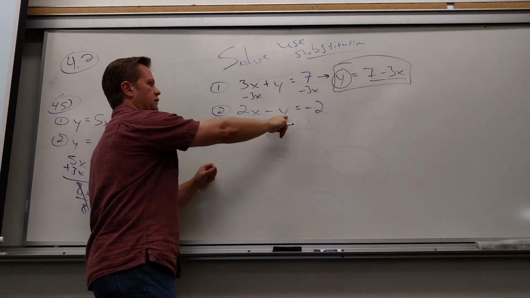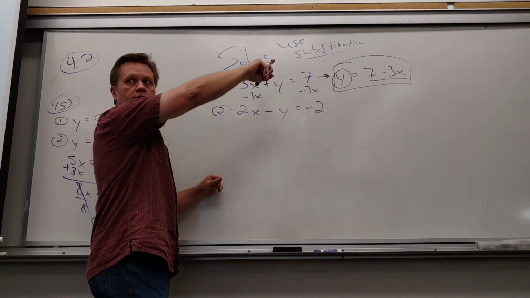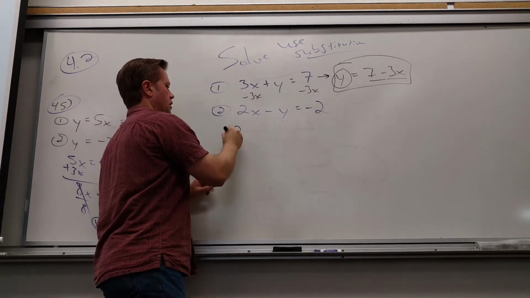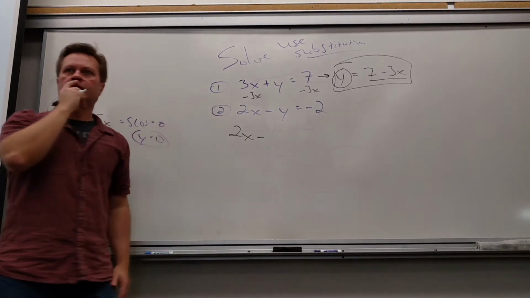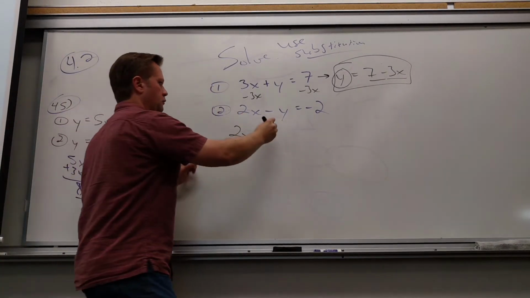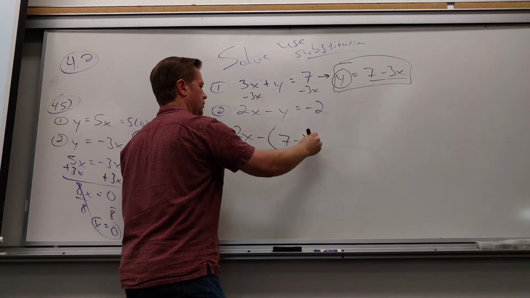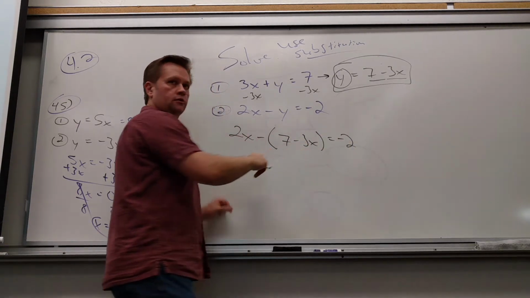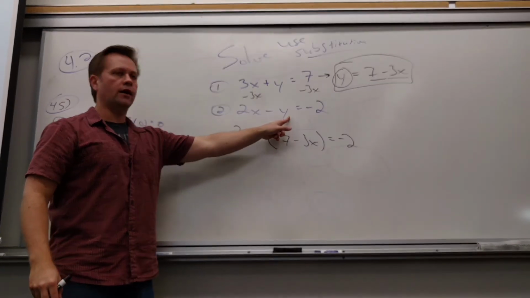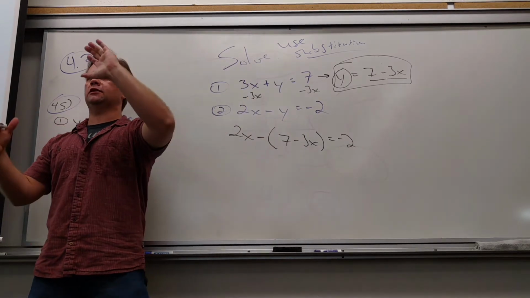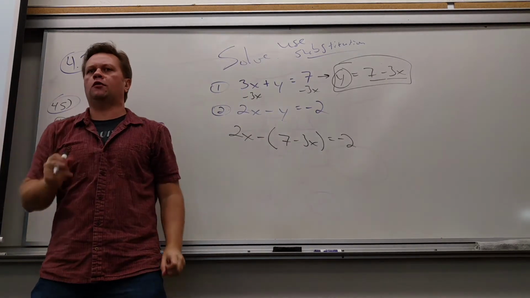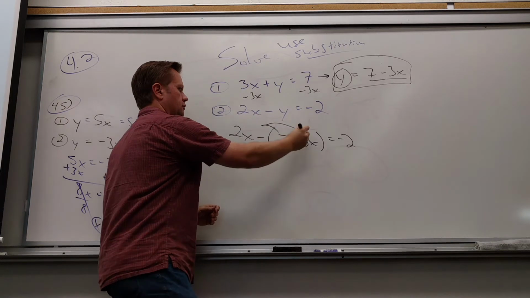In number 2, wherever I see a y, I can replace it with 7 minus 3x. Now, I'll bet a lot of money that a lot of people forgot or didn't realize that you had to do this. Because I'm subtracting y. If you don't put the parentheses in, you're not subtracting y, you're subtracting a part of y. Then the negative has to distribute.